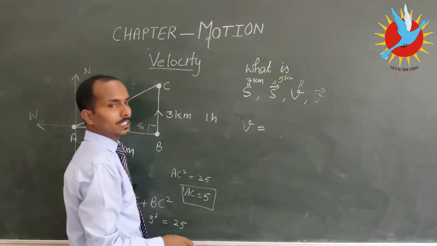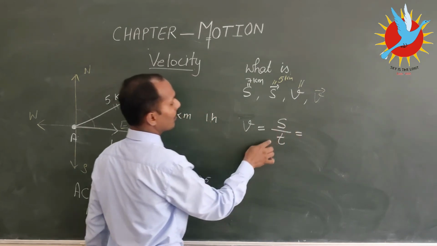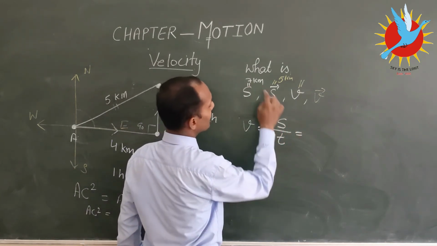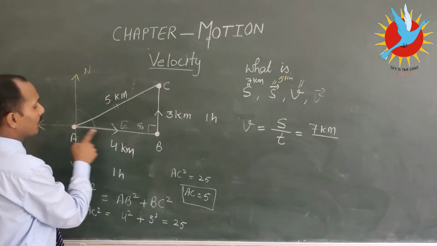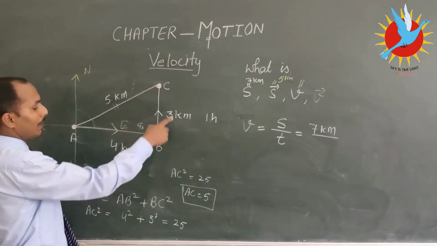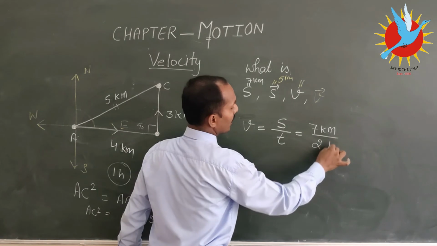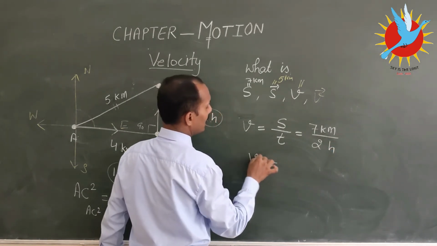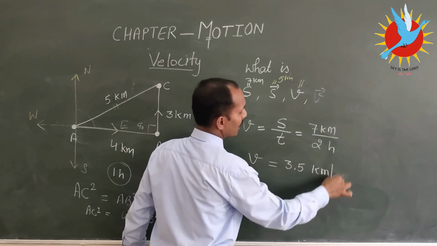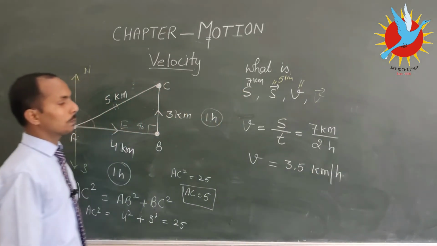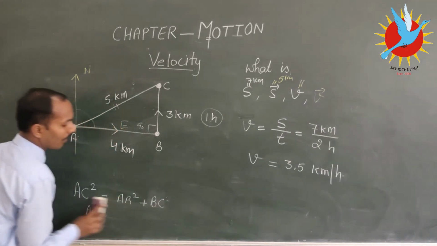Speed is a scalar quantity, so write V, and the formula is distance upon time. Distance is 7 kilometer. Time: first it takes A to B, then B to C, so time is 1 hour plus 1 hour, which is 2 hour. So its speed is 3.5 kilometer per hour.